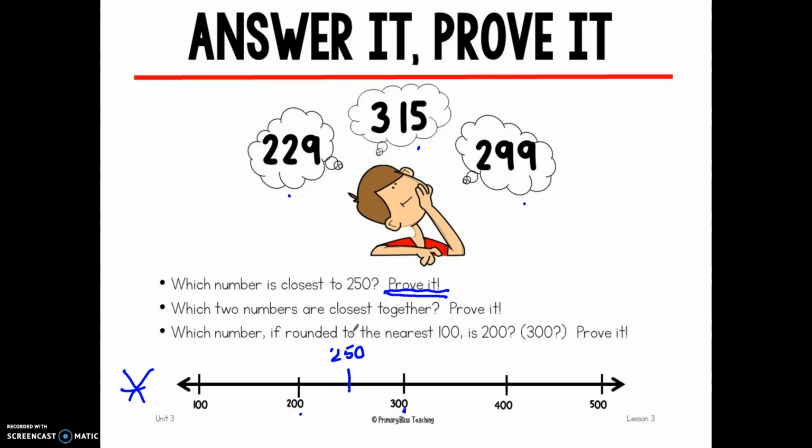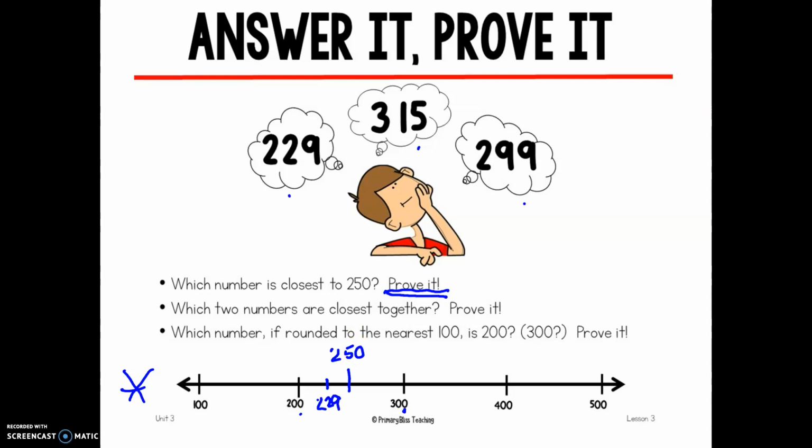So 229, it's in between 200 and 250, and I'm going to say I'd probably put it about right here. So I'm saying that 229 is closer to 250. That's the closest one of those numbers to 250.